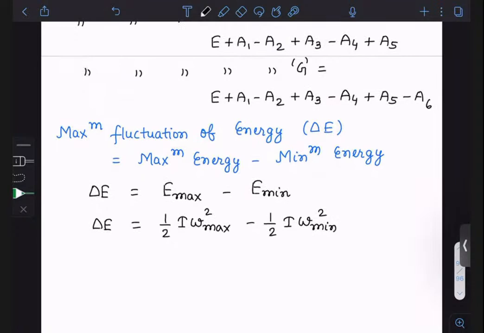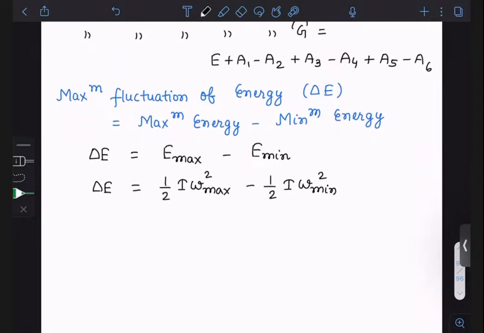So here you can write delta E is equal to half I omega max square minus omega min square, right?